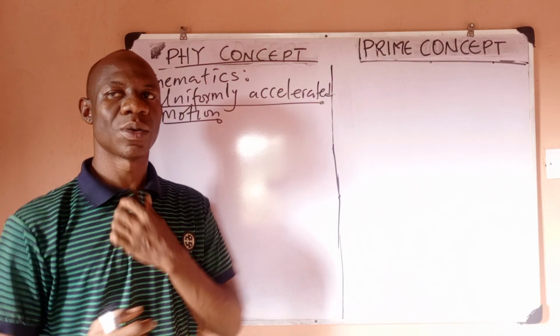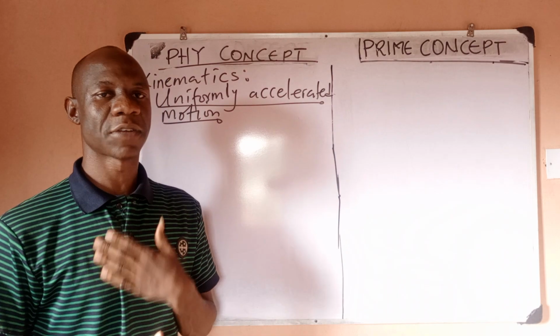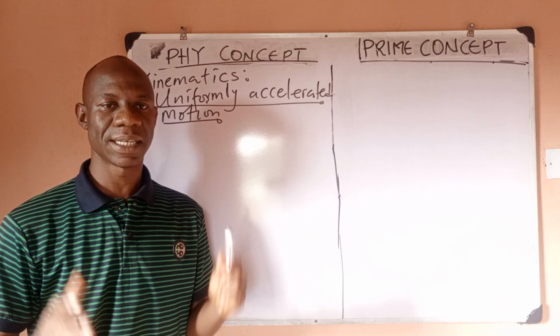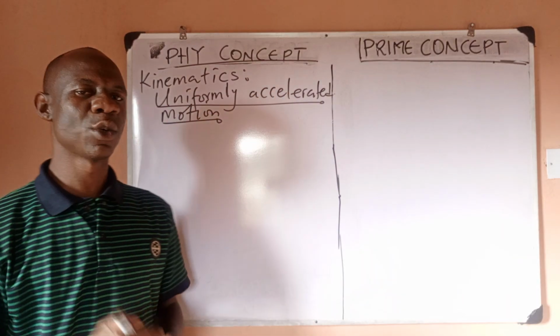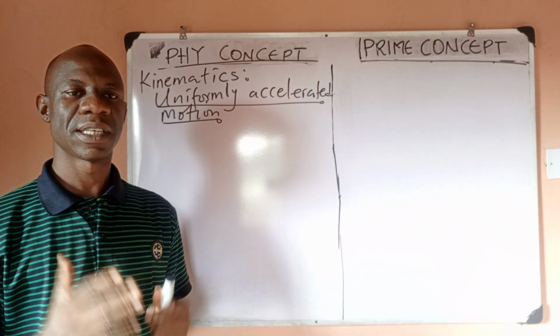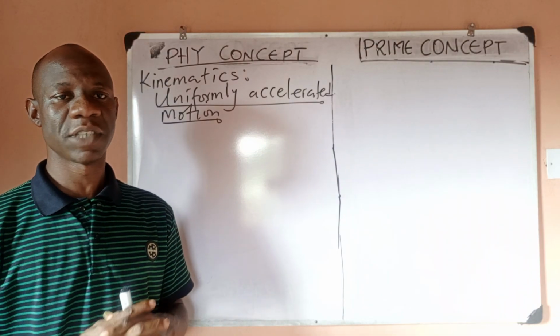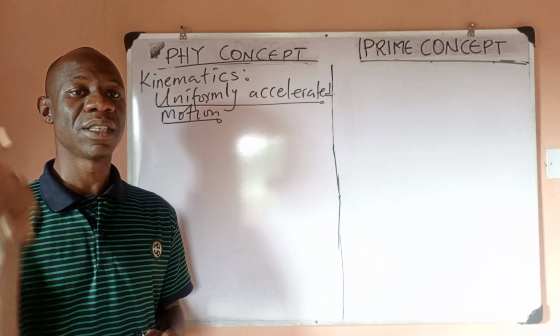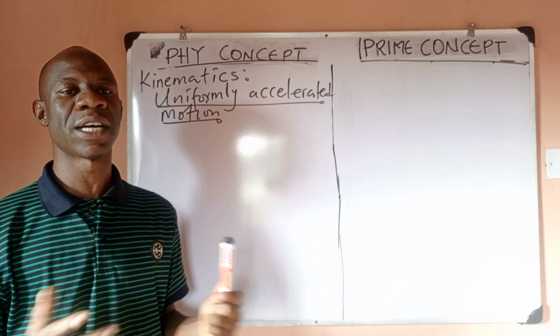In this video, I want to analyze an aspect of kinematics, which is known as uniformly accelerated motion. Let me quickly remind you that kinematics is an aspect of physics that studies motion without considering the force responsible for that motion.